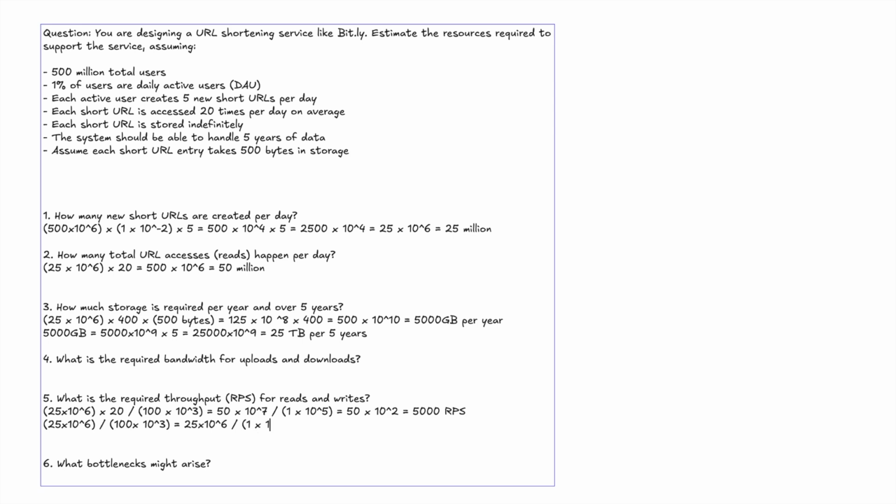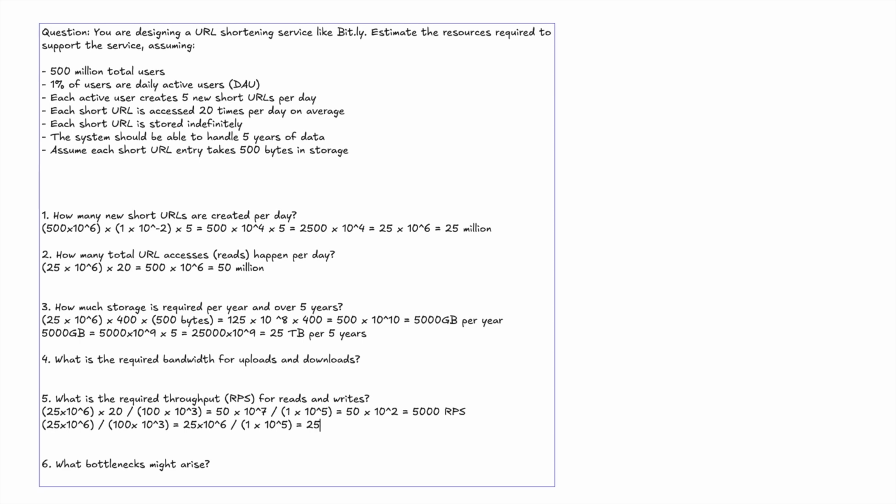Doing that math, we have 25 times 10, or 250 writes per second.